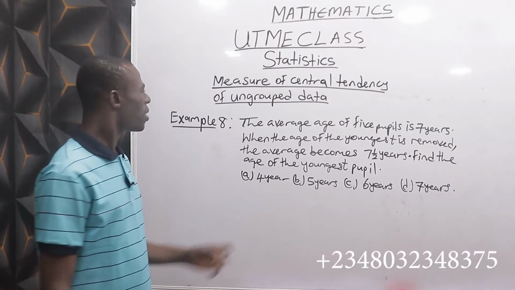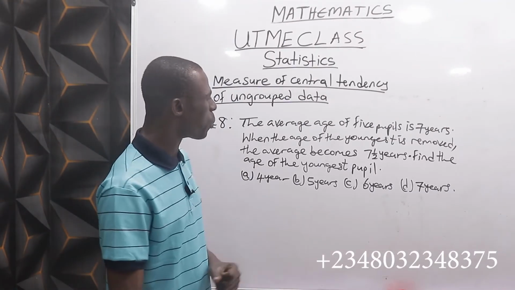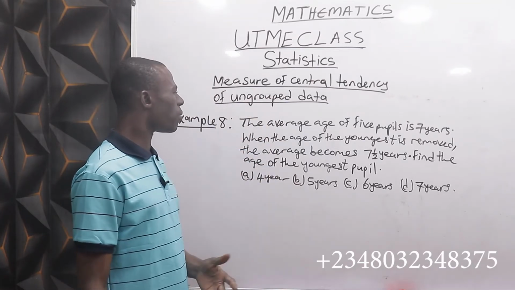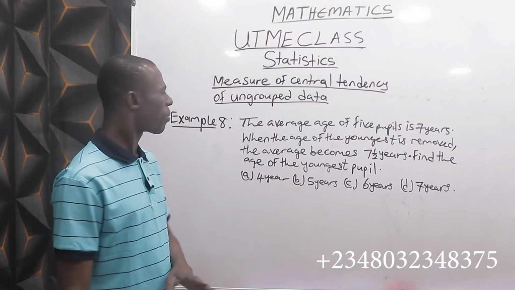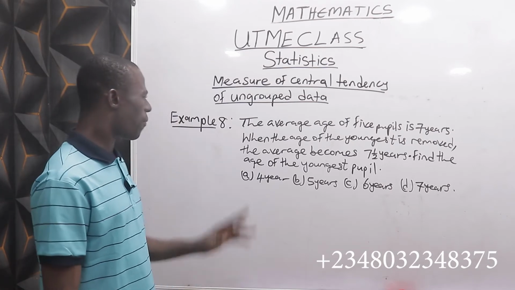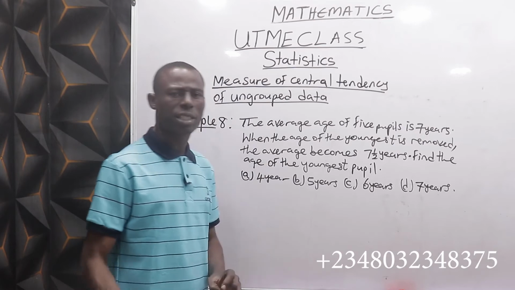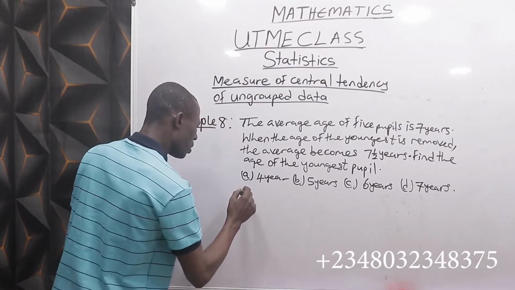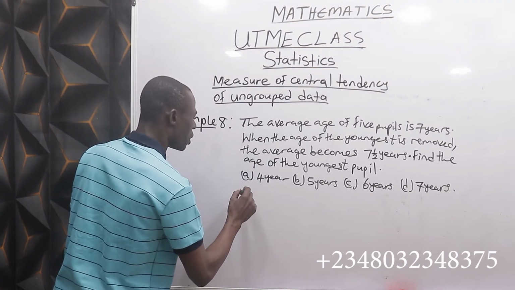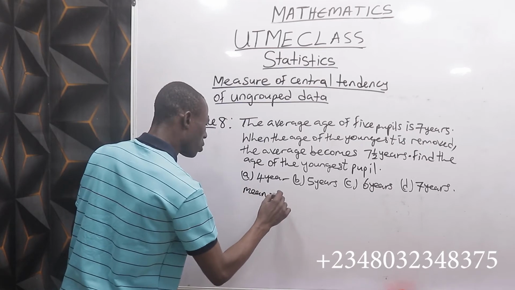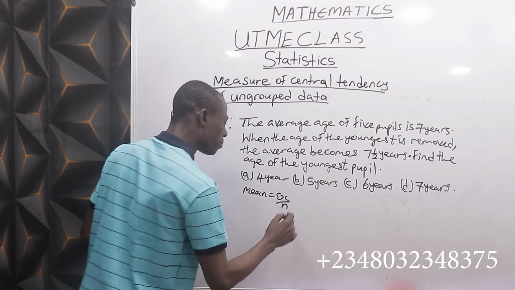Example 8. The average age of 5 pupils is 7 years. When the age of the youngest is removed, the average becomes 7.5 years. Find the age of the youngest pupil. How do we go about it? Average is mean. Don't forget. So mean equals summation x over n.